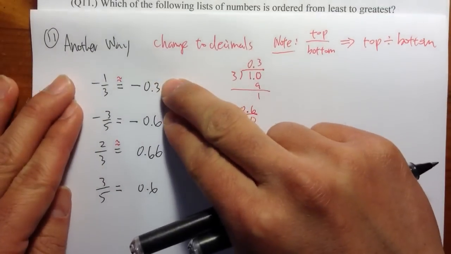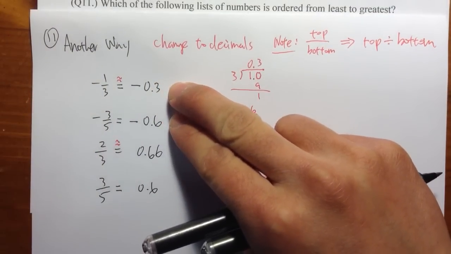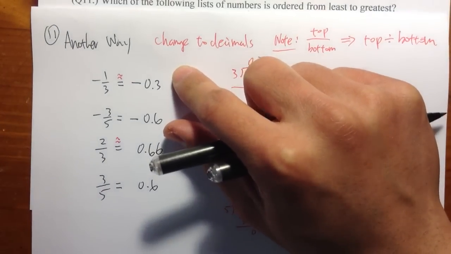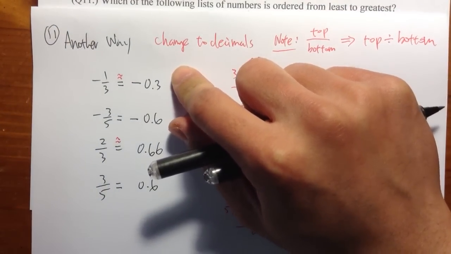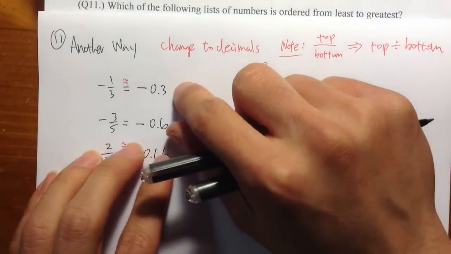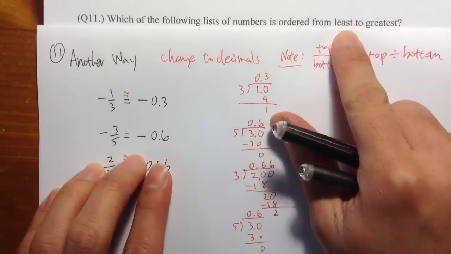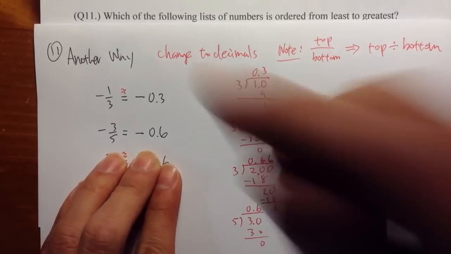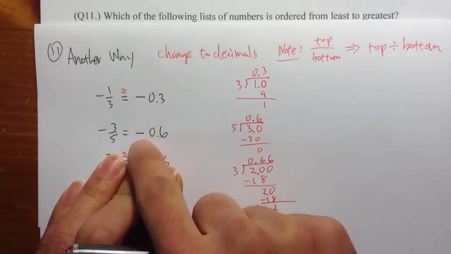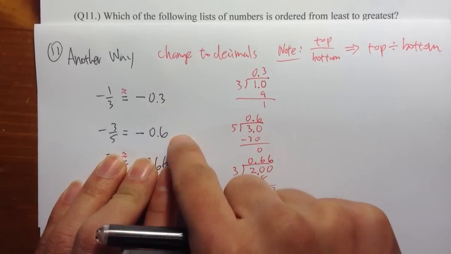These two are the negative numbers, so they have to be the smaller numbers, because positive numbers are for sure bigger than negative numbers. Let's compare the negative numbers first because we are looking for the least to the largest. Negative 0.3 and negative 0.6: which one is smaller?